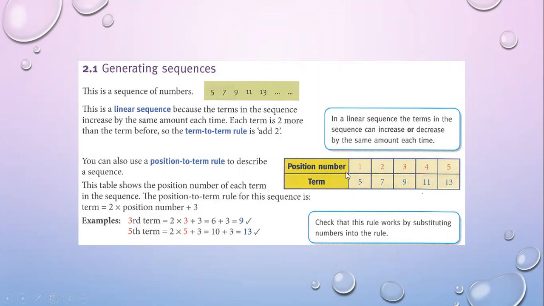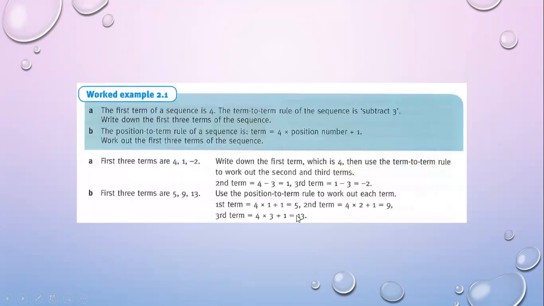So when I write 1, my answer will be 5. How do we get 5? With the help of the position-to-term rule. We keep this rule in our mind, then we solve all these. This one is the third term and this one is the fifth term. Like that we will solve all of these.